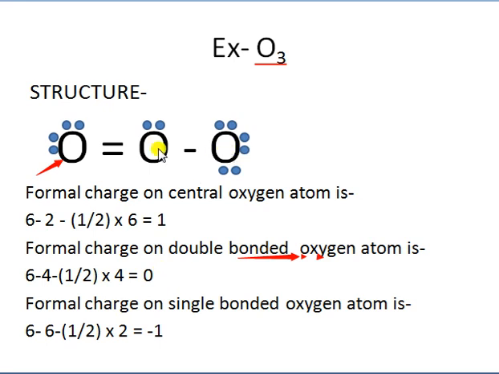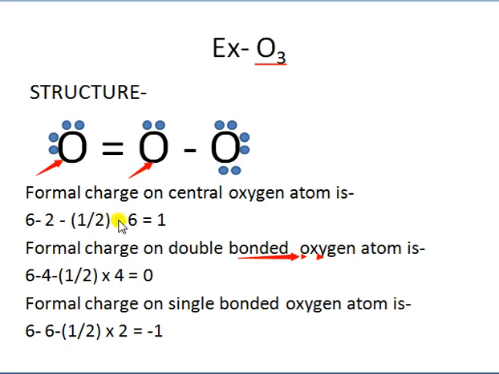Now comes the second one, this one. This one is called the central oxygen atom because it is present between the two oxygen atoms. So the total valence electrons, as you know, oxygen has 6 valence electrons. So here I am writing 6. Now the non-bonded electrons, those electrons present as a lone pair. Because of one lone pair of electrons, that means 2 electrons. So here I am writing 2.